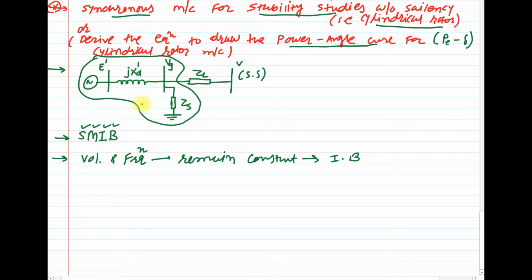With respect to this single machine, this large substation is an infinite bus if the substation voltage magnitude and frequency remain constant. Clear? I hope the concept of infinite bus is clear.